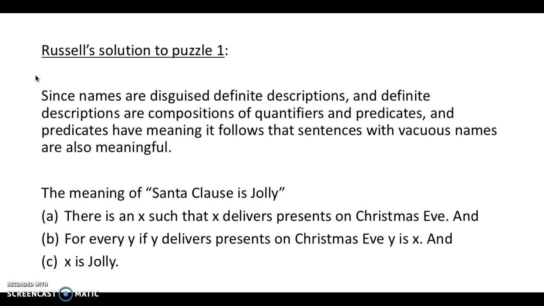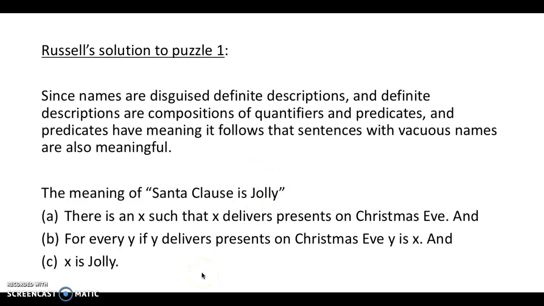That is the meaning of Santa Claus. Thus, if we take a sentence like Santa Claus is jolly, what we further add is the predicate that the one thing we've already identified as the unique thing that delivers presents on Christmas Eve is also jolly.